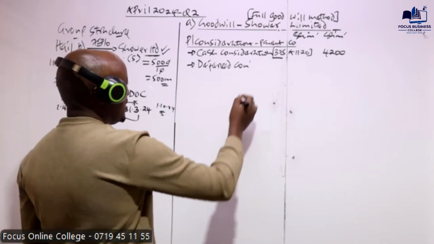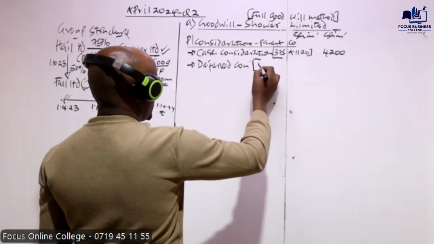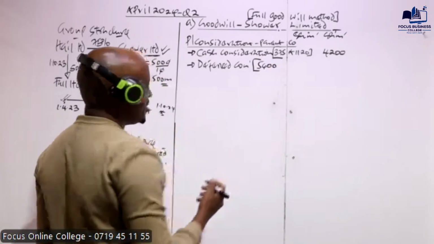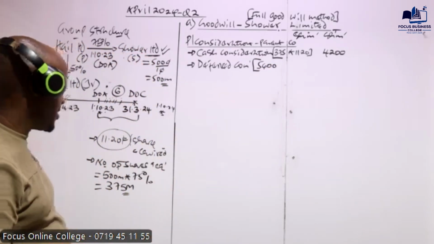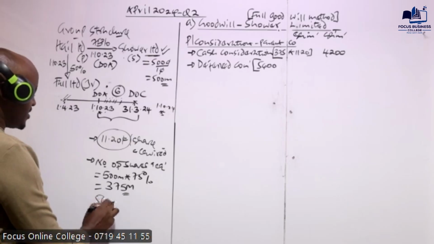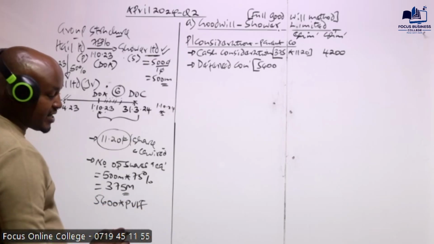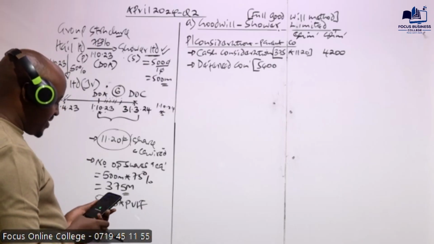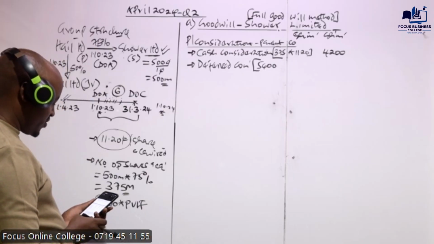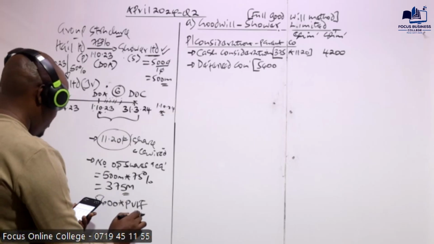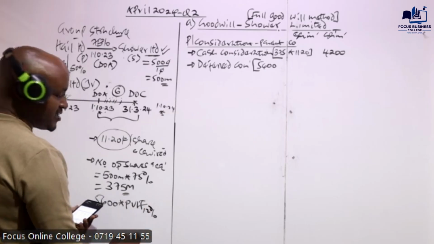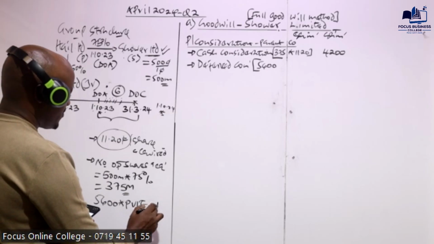Now, because that consideration will be paid in the future, we discount it to its present value. How do we discount that? We take 5,600 million and multiply it with the present value interest factor. In this case, we use the parent company cost of capital, which is given in paragraph 1, not 10%, rather 12%, for 1 year.